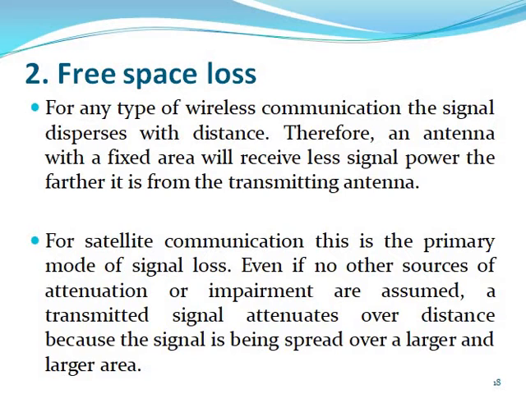For any type of wireless communication, the signal disappears with distance. Therefore, the antenna with a fixed area will receive less signal power the further it is from the transmitting antenna. So what is the free space loss? When the signal travels a very long distance, the signal is lost over a particular time duration or any fixed space. At that time the receiving antenna does not receive the particular signal. At that time the signal is lost.